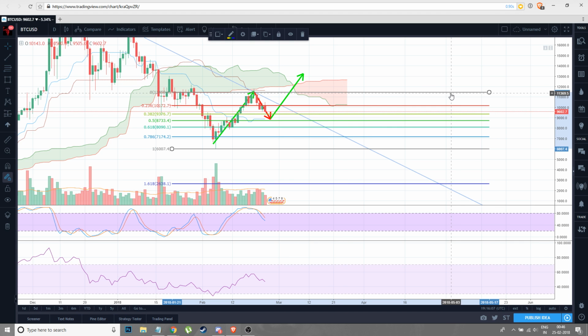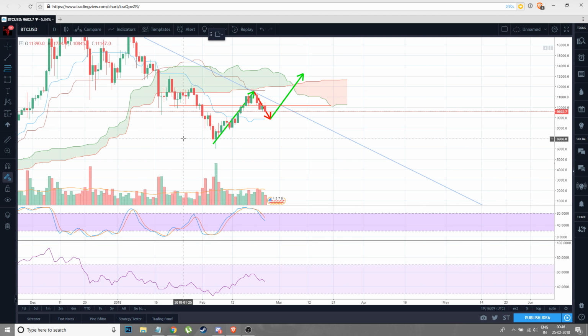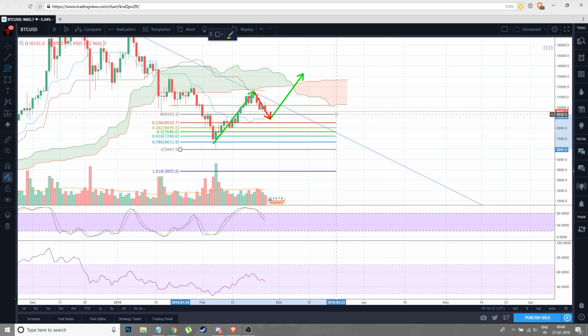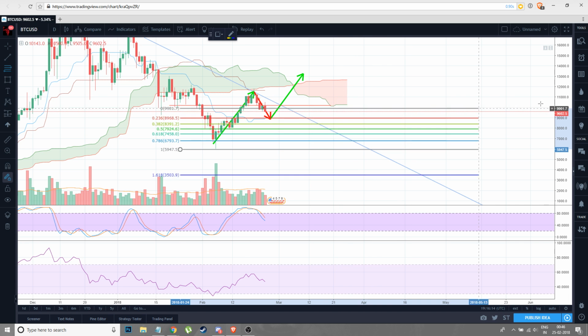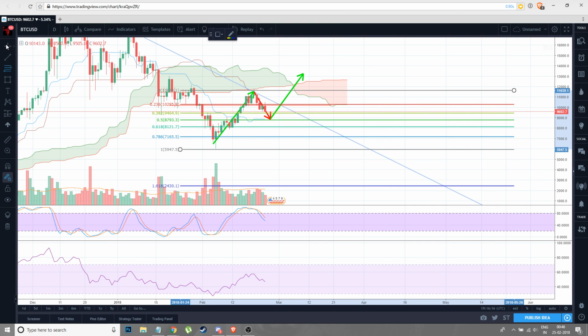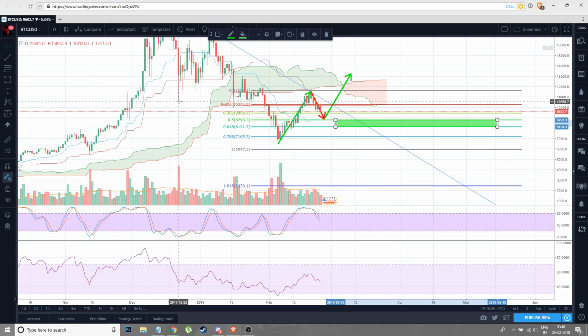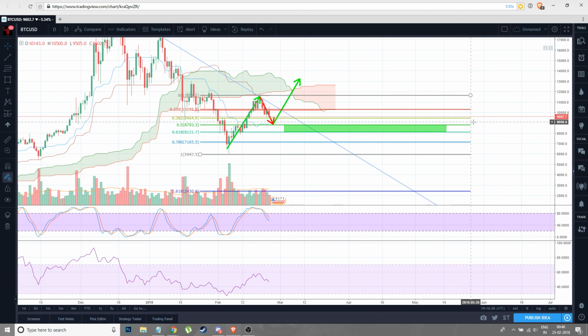So where is the supply zone right now? Right, so the supply zone is right here, at 8100. Notice though where the 0.5 is again, it's at 8800. So the first thing is that this area right now is the daily key zone.